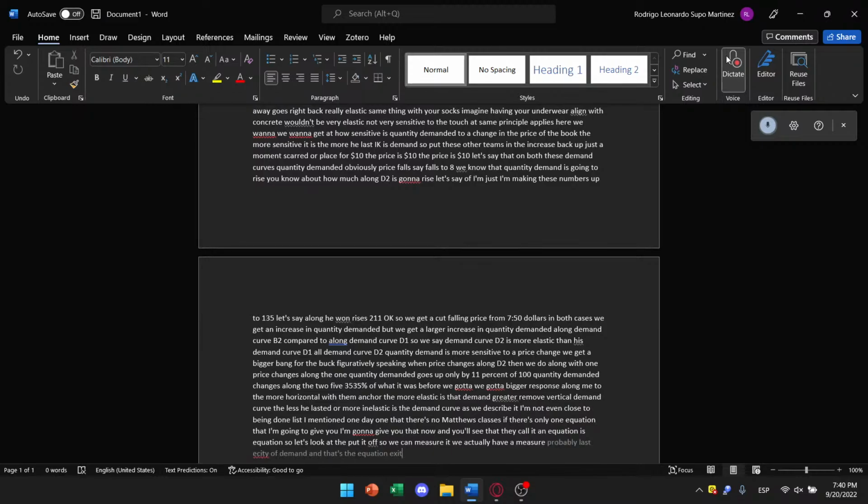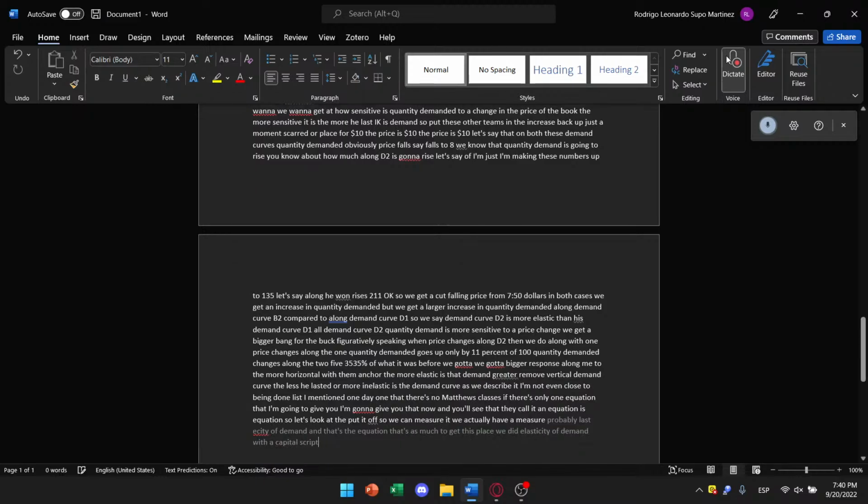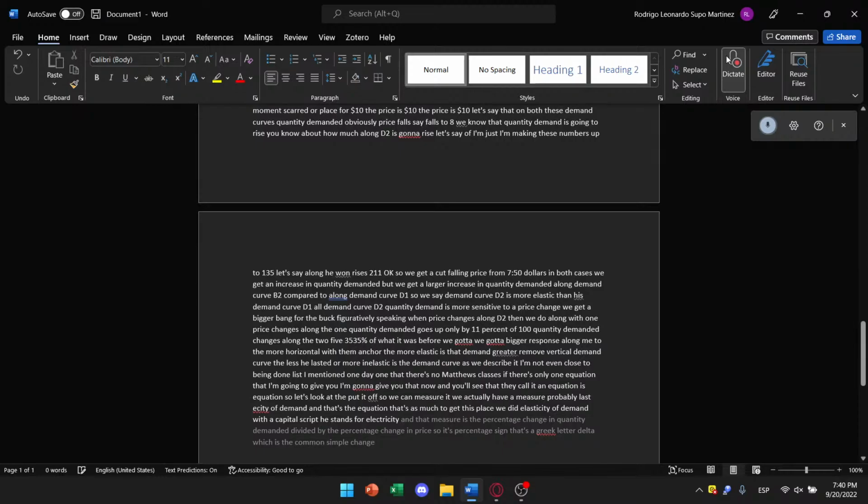We denote elasticity of demand with a capital script E, which stands for elasticity. And that measure is the percentage change in quantity demanded divided by the percentage change in price. There's the percentage sign, and that's a Greek letter delta, which is the common symbol for change. That's the numerator, percentage change in quantity demanded, divided by the percentage change in price.